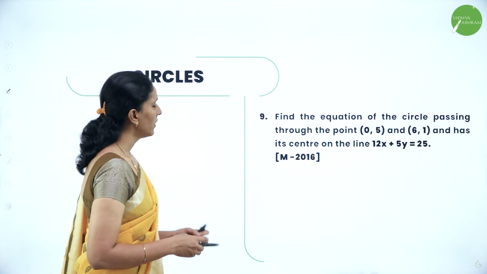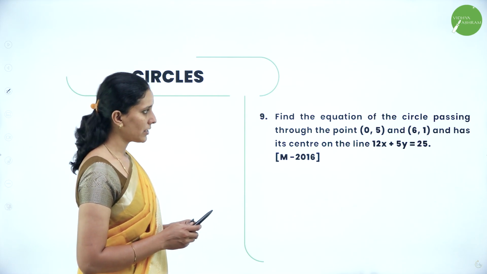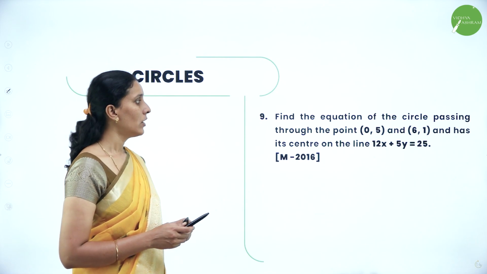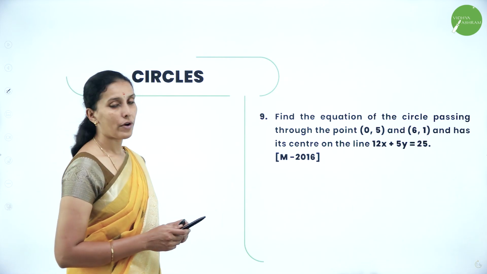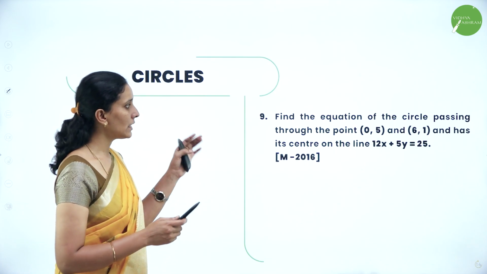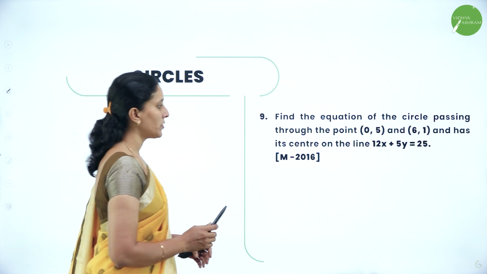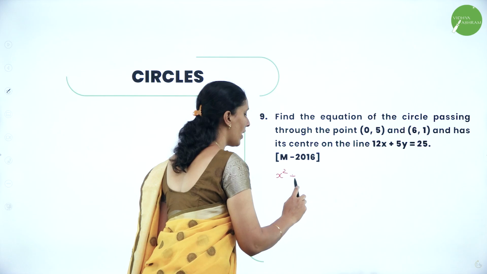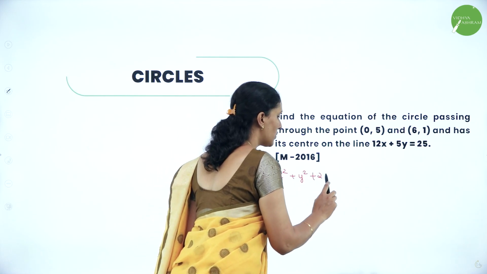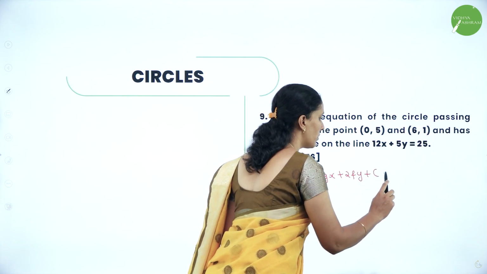Next question we have. Find the equation of the circle passing through the points (0, 5) and (6, 1) and has its center on the line 12x plus 5y is equal to 25. Since the circle is passing through 2 points here, let's take the points and substitute in the general equation. So we know the general equation is x square plus y square plus 2gx plus 2fy plus c is equal to 0.